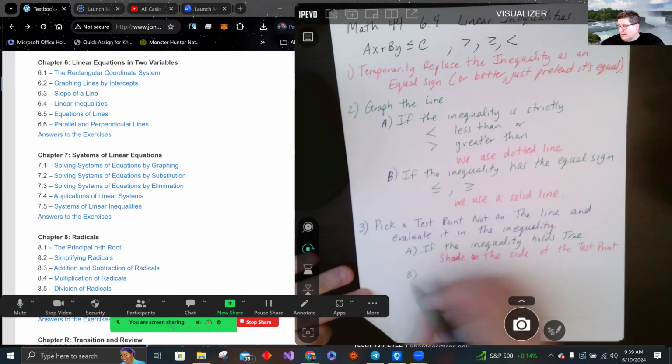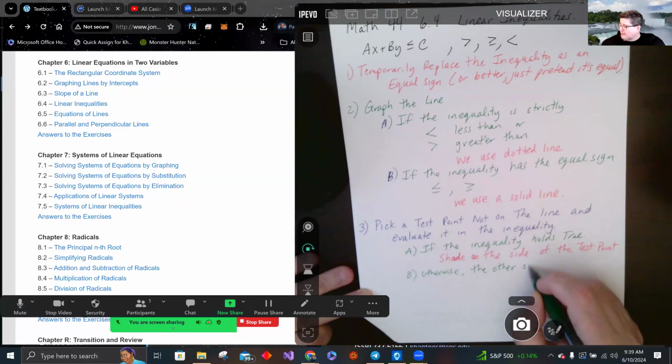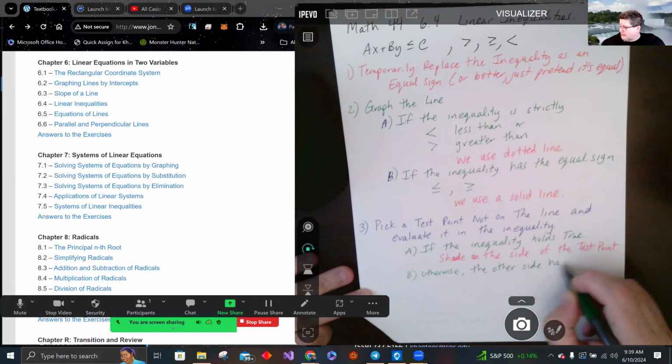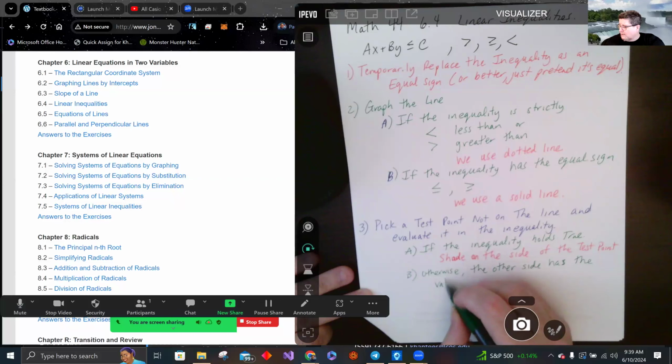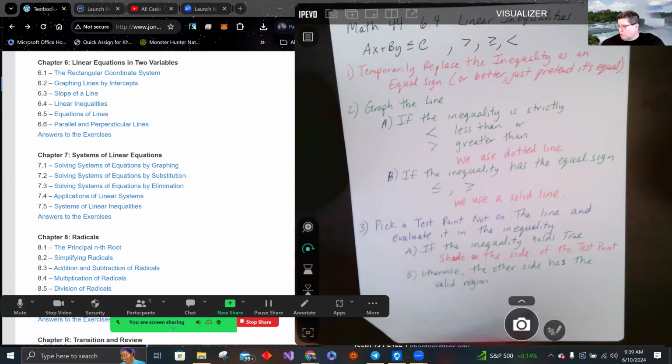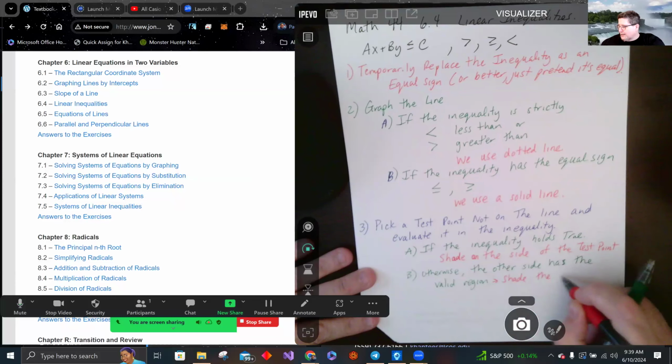Otherwise the other side will hold true. The other side has the valid region. So we will shade the side not including the test point.